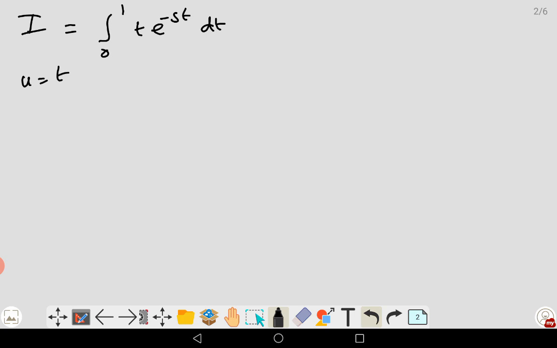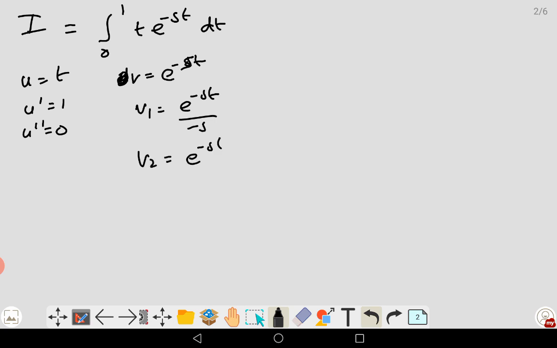u is t and dv is e raised to minus st. So u prime is 1, u double prime is 0. v is 1, v1 is e raised to minus st divided by minus s, and v2 is e raised to minus st over s square.